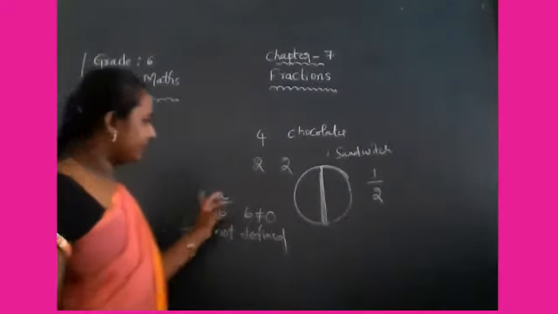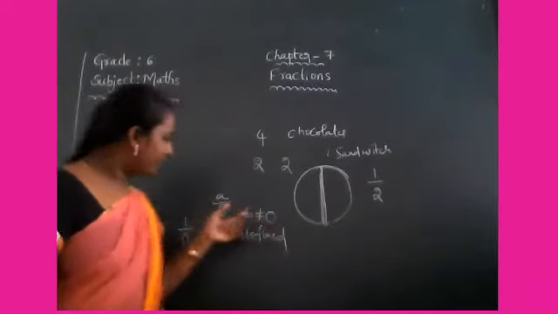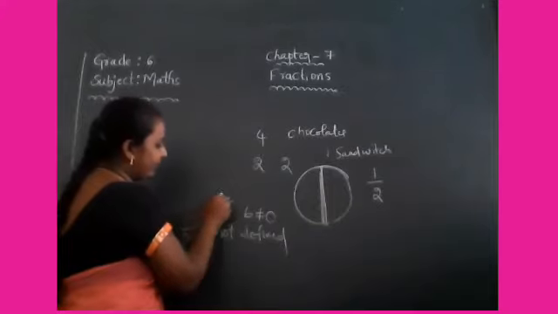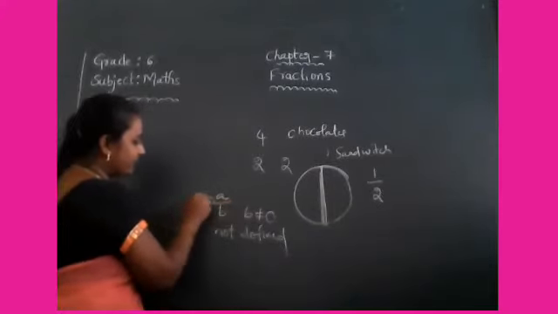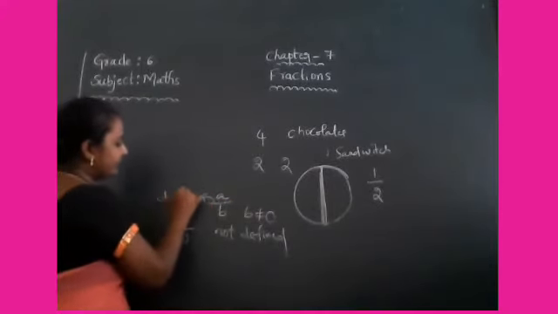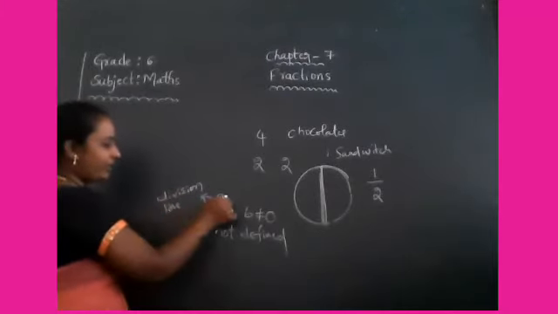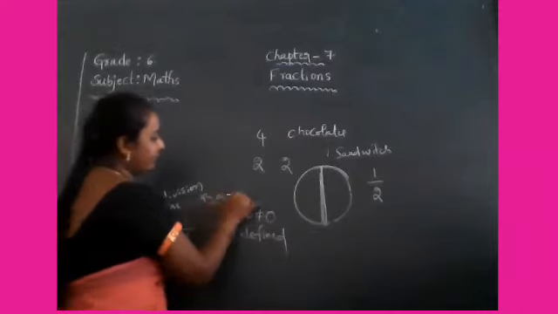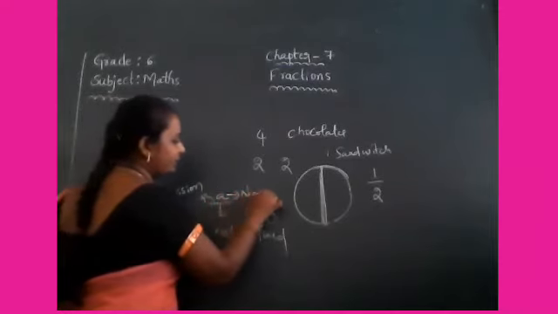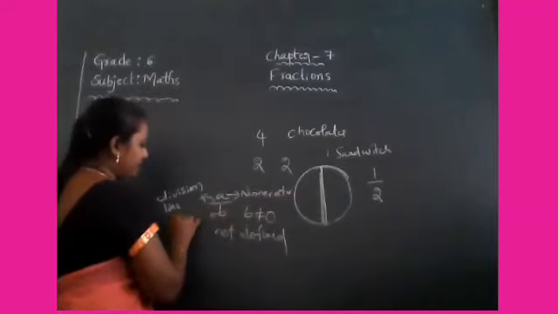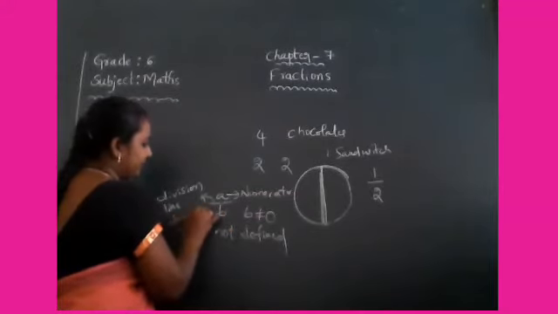Okay, already I said a by b. So what does it denote? So here a by b, this line is called division line. And what about a and b? Very good. A is called numerator and b is called denominator.